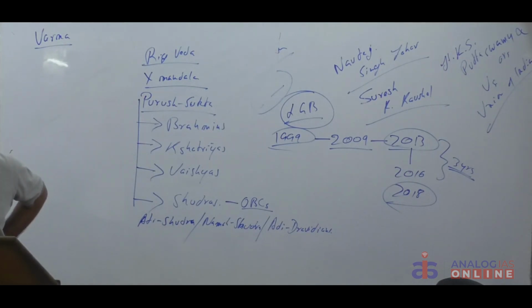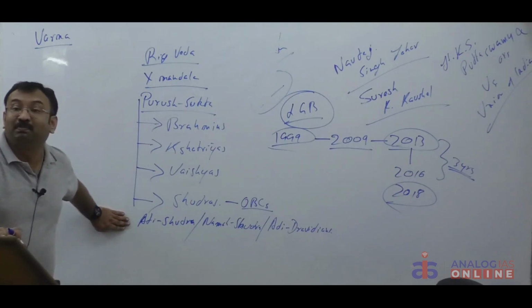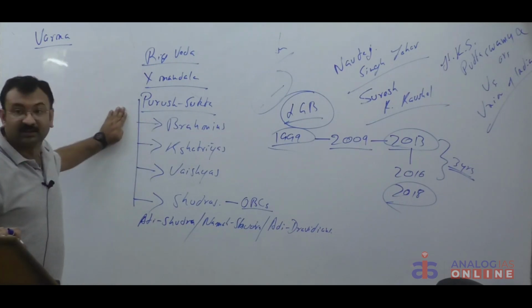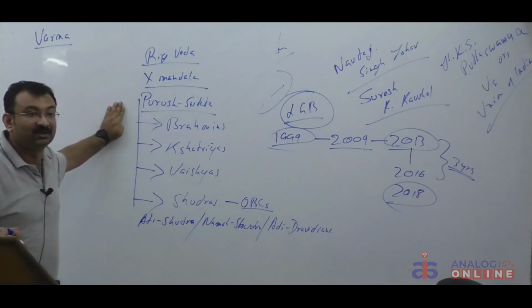Untouchables. Clear? The idea is, this fifth section, they are so polluted that if you mention them in the scripture, it will get polluted. That's why they are not mentioned in the scripture.